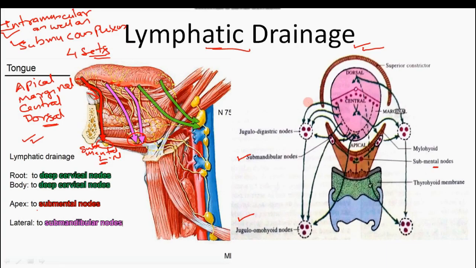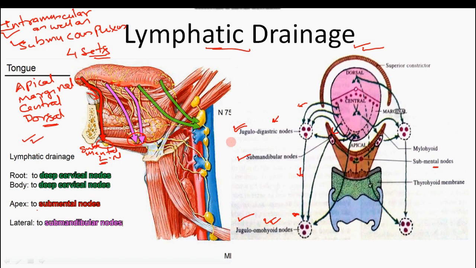We can see here some vessels draining to the jugulodigastric nodes, and to the jugulo-omohyoid node, you can see this one as well as this one. Clear? And a few of the vessels drain into the submandibular node.